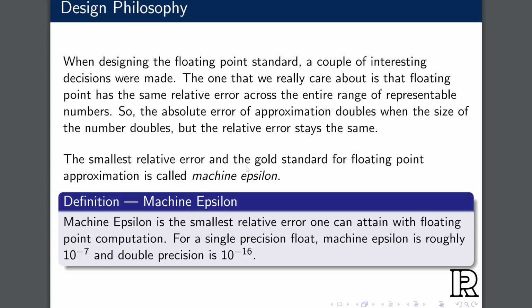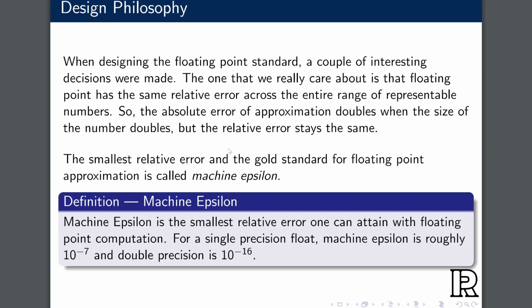And this is kind of an amazing decision on their part because it makes my life so much easier. It's exactly why we can always think about floating point numbers in scientific notation, because scientific notation does the same thing. You care about digits of precision in the mantissa, but your exponent is always accurate. It's always exact. And that fact is exactly the statement that the relative error is chosen to be equal across the entire range of representable things.